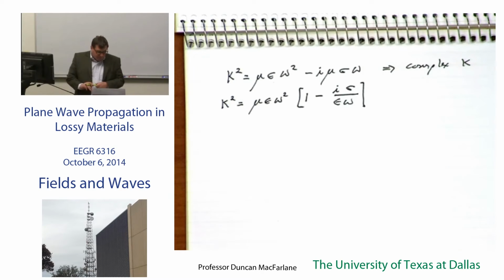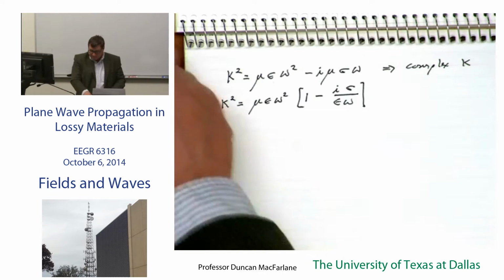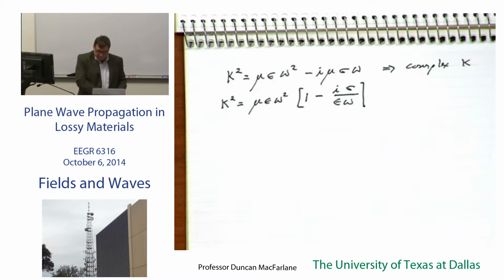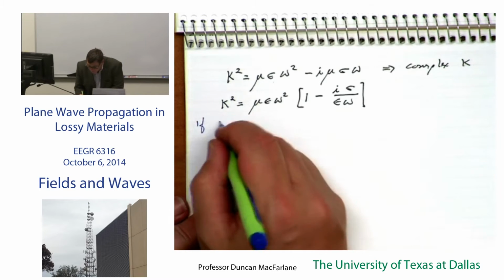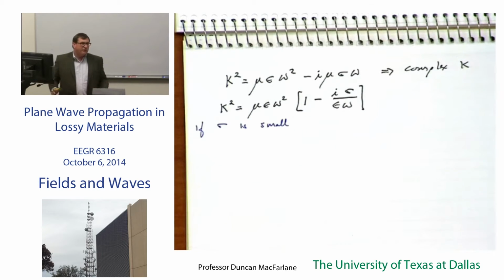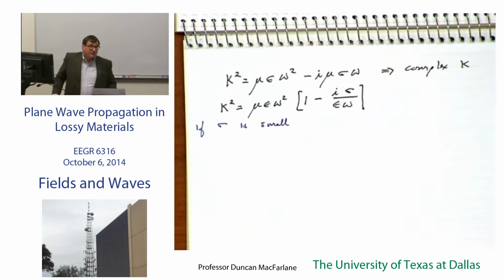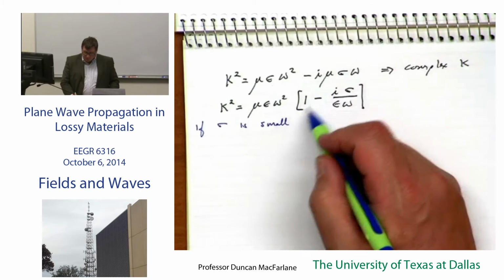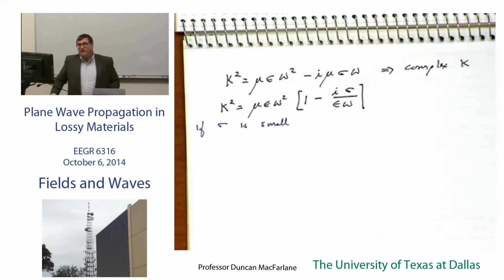So I'm going to do a couple of different limits. If sigma is small, not 0, but if it's small, and what I mean by that is if this term is small relative to 1, let's say a tenth of that, or a hundredth of that, or some reasonable relationship that satisfies our engineering intuition, or the requirements of precision.